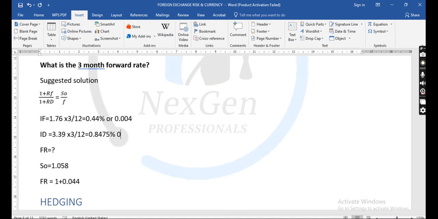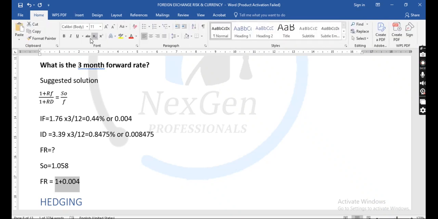Then convert this 0.8475, it will be 0.008475. Am I right? Yes, sir. Okay. So now this will be 0.004, which is IF.